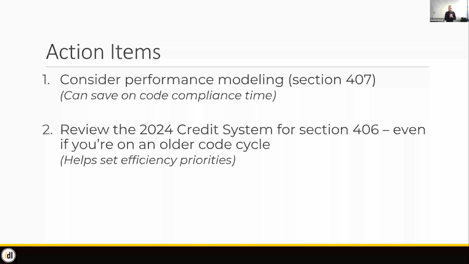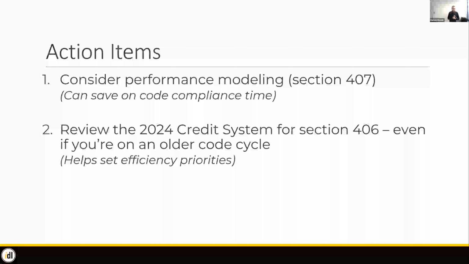In terms of the new credit system for 2024, I would recommend reviewing it. It's free online. Just Google IECC 2024 digital code and look through the section when you've got a new project.